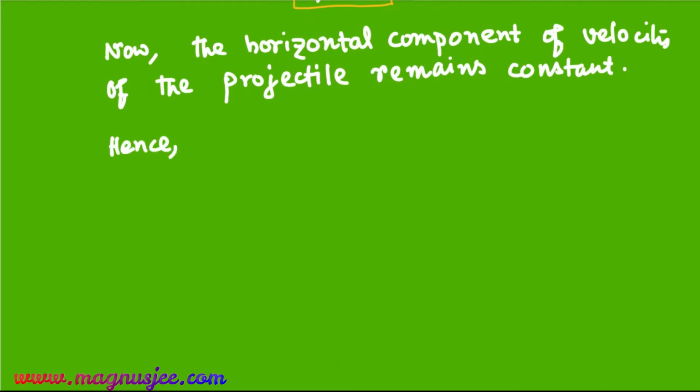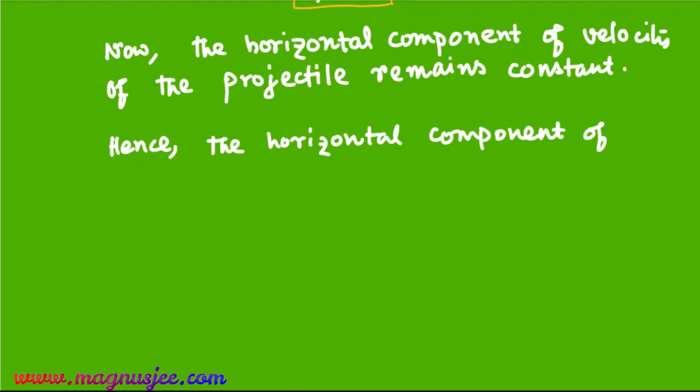Hence, the horizontal component of the final velocity at the highest point A will be the horizontal component of the velocity v.